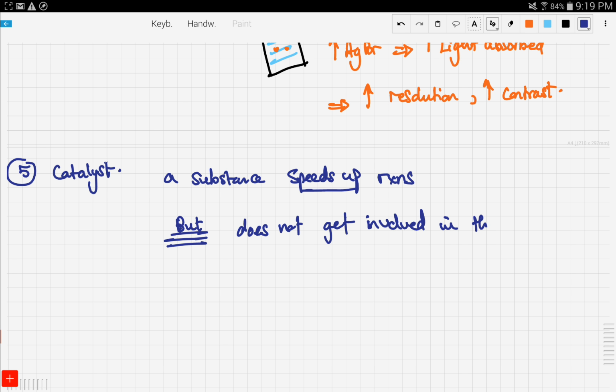So that means, in other words, that if a catalyst is taken out from the chemical reaction, nothing would be affected, only the speed will be affected.